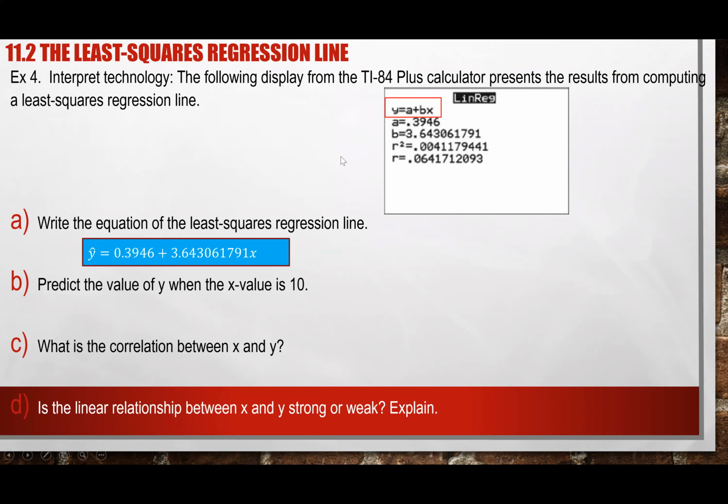All you do to come up with the equation of the line is take the a plus the bx. That's all there is to form the equation of the line. If they give you the output, all we need is an a and a b.